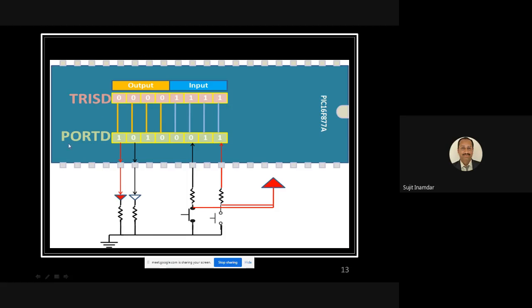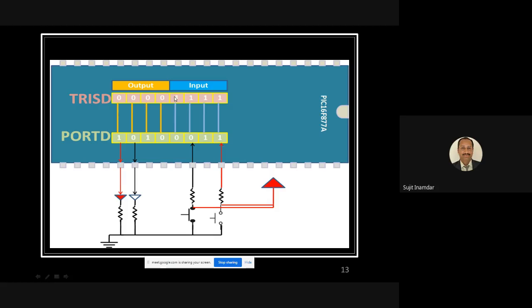TRISD, PORTD. पहिली जी कमांड आहे TRISD, it is deciding the first 4 bits, that is MSB bits, are 0000 नंतर 1111.